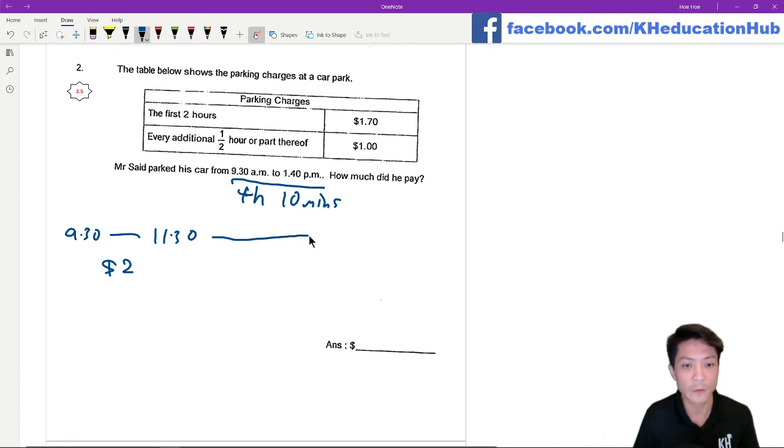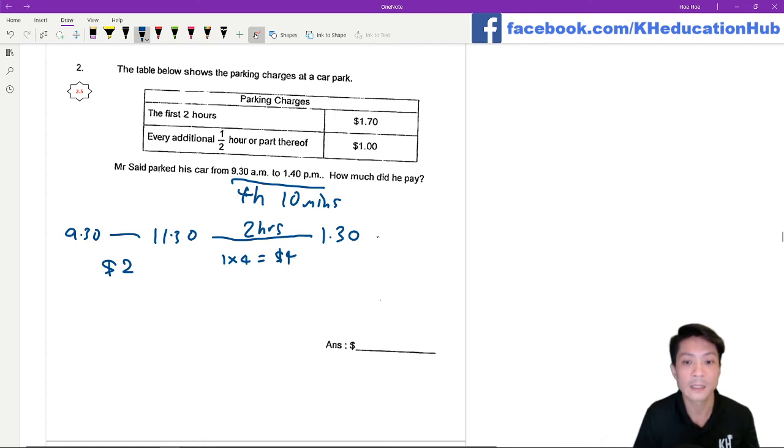Now I'm going to count from 11:30 to 1:30. That will be 11:30, 12:30, 1:30. This will be 2 hours, right? So in 2 hours there are 4 half hours, so it will be 1 times 4. It's going to be $4.